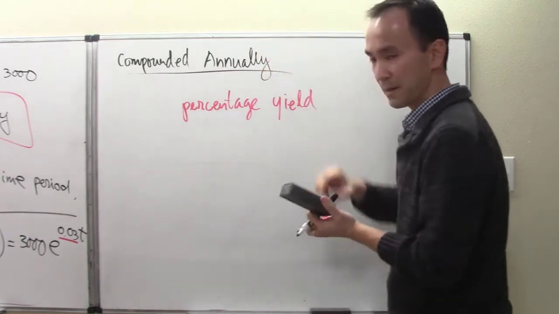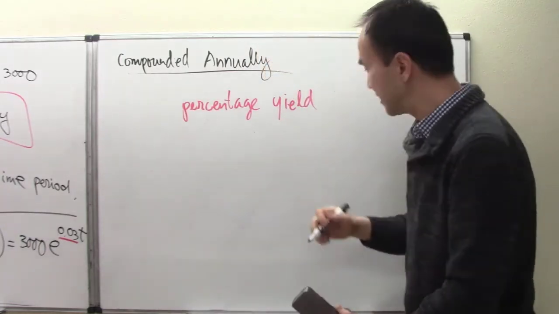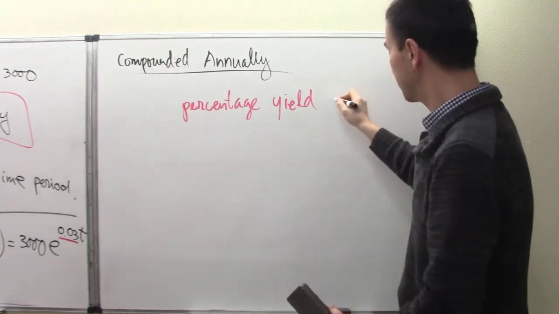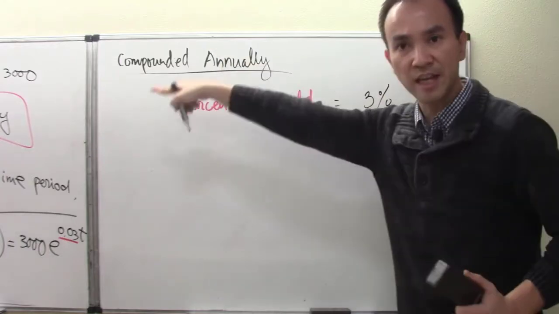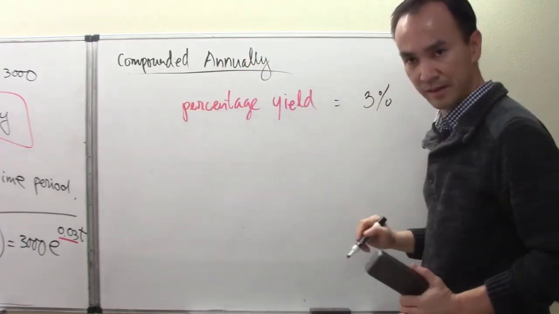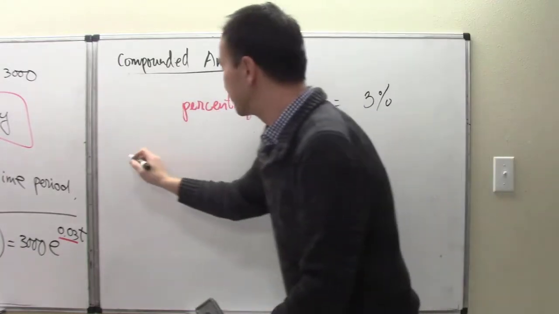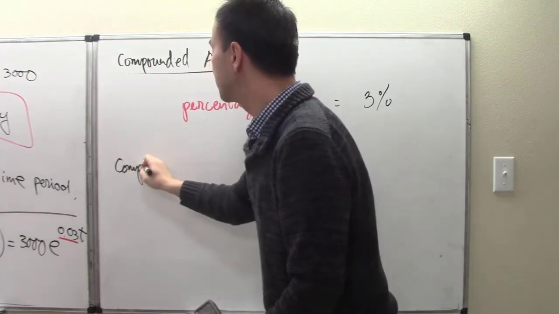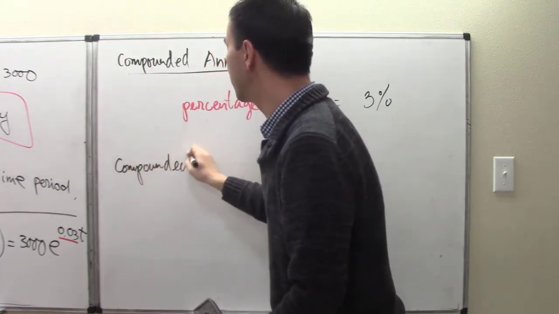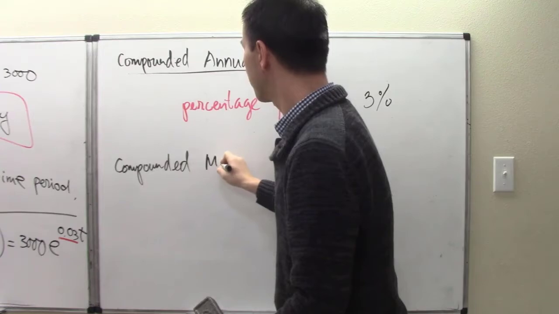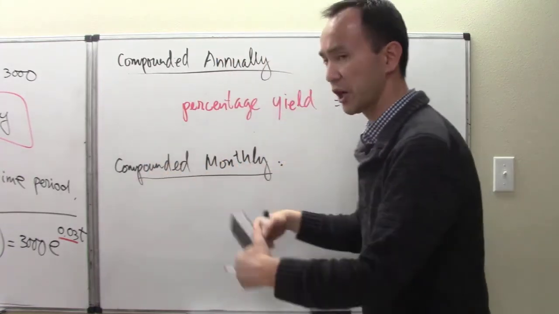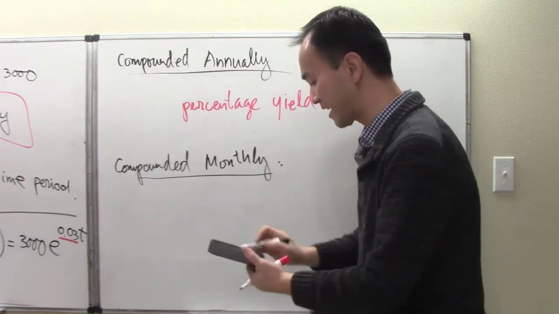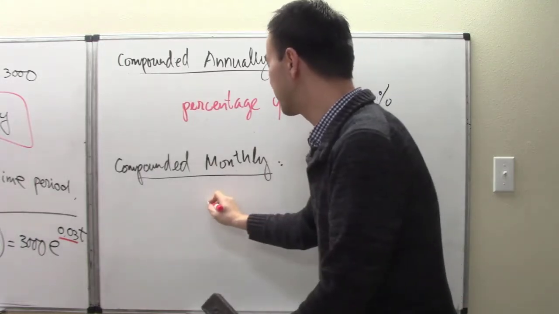If we went with that plan, compounding our interest annually, then the percentage yield is exactly the same as the interest rate stated in the problem. It's 3%. But then we also investigated if we compounded our interest monthly. I show that calculation, and now we call that calculation the percentage yield.